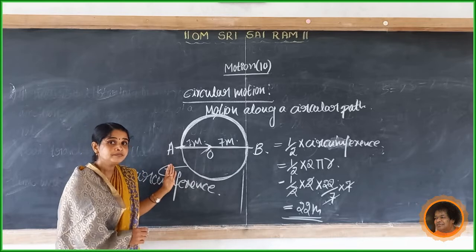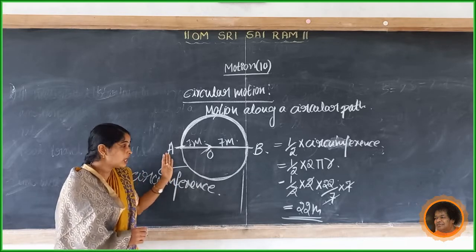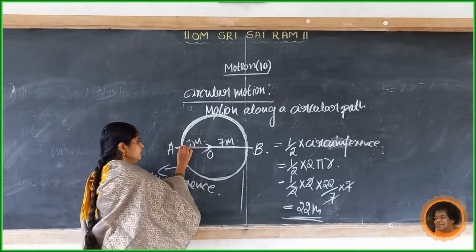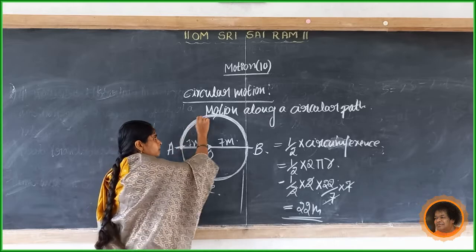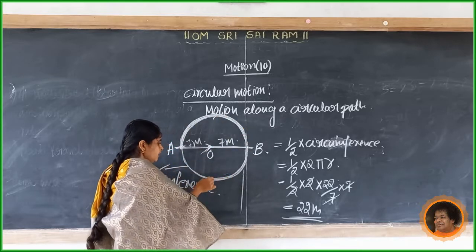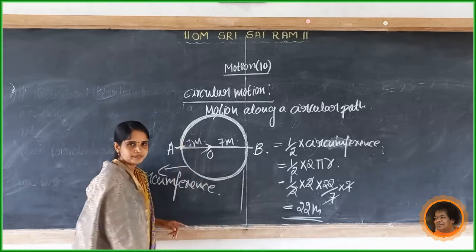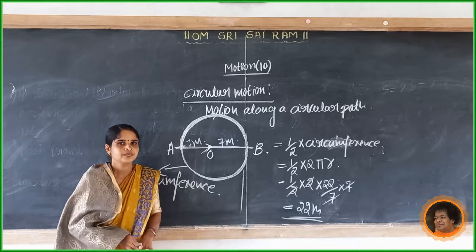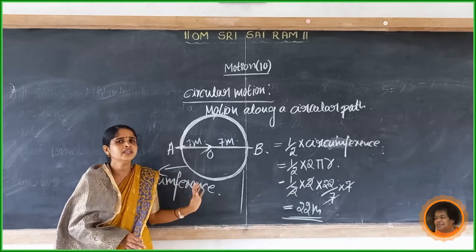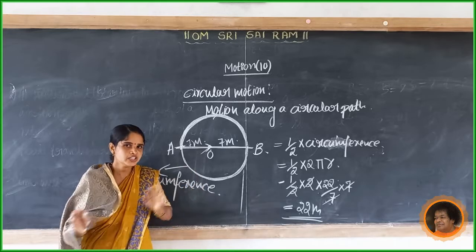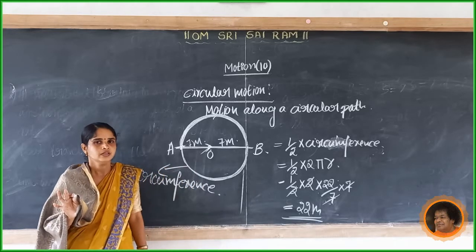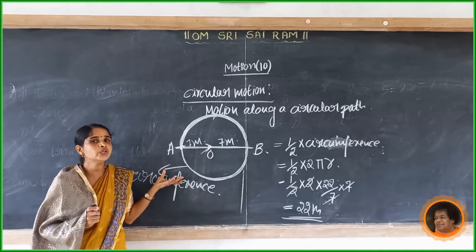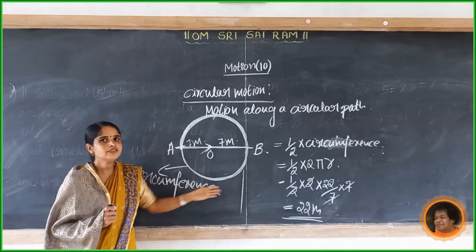If an object covers one full cycle, that means it starts from this point and moves like this, and the final position is also A. Initial position and final position are the same. Then what is the displacement? Displacement becomes 0. Why? Initial and final positions are the same. And what is the distance traveled? Distance traveled is equal to only the circumference.